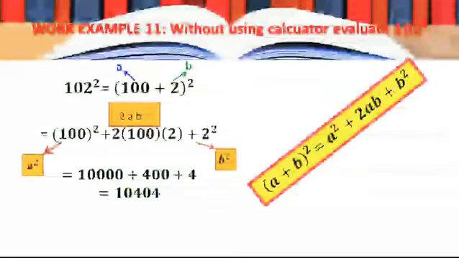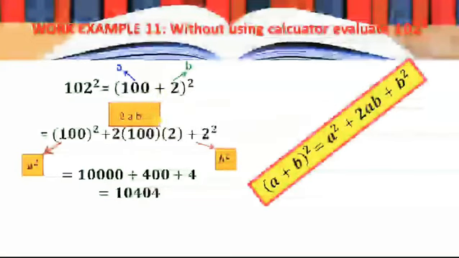If you are using the difference form, like 104 minus 2, it also results in 102, but there is a minus, so now you have to use the second identity. The answer will be the same in both cases, whether you break it as a sum or as a subtraction.